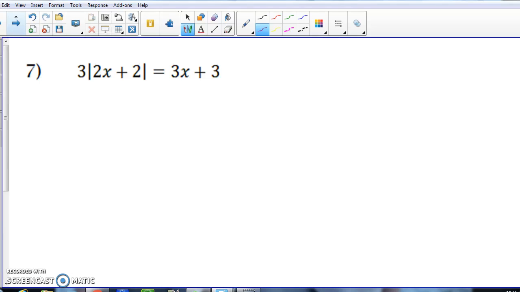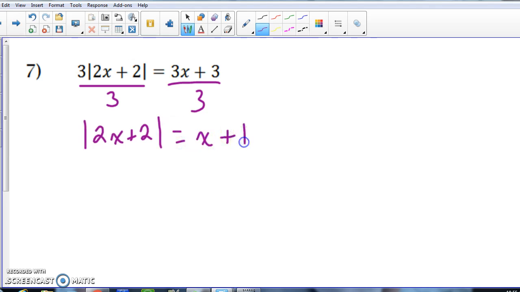Here again, I need to isolate the absolute value or get it by itself. So the first thing I need to do is divide both sides by 3. I can do that even though there's a quantity on the right-hand side. So I'm left with absolute value of 2x plus 2 on the left, and 1x, or just x, plus 1.